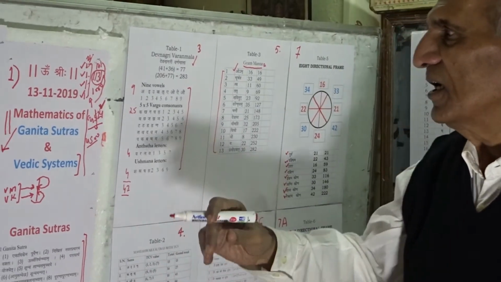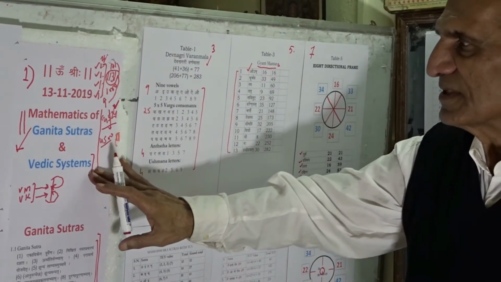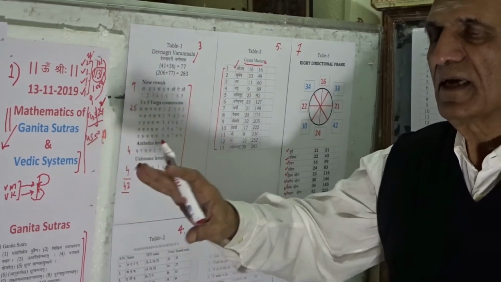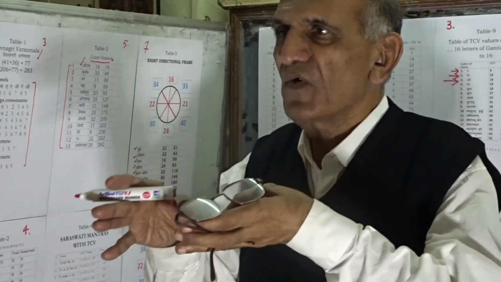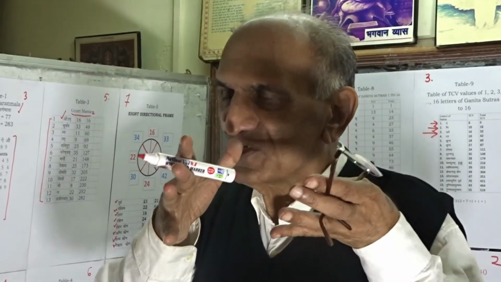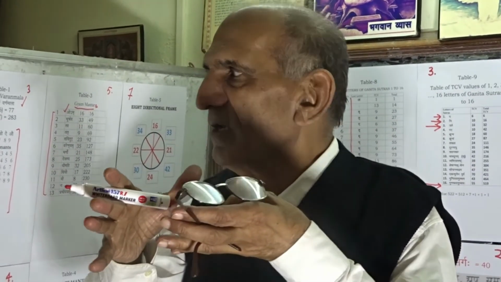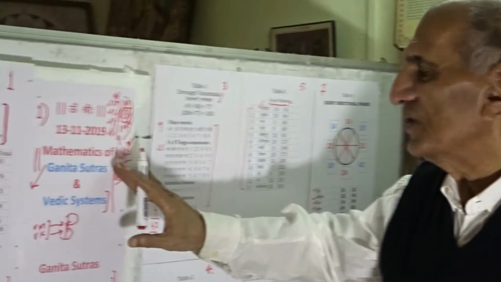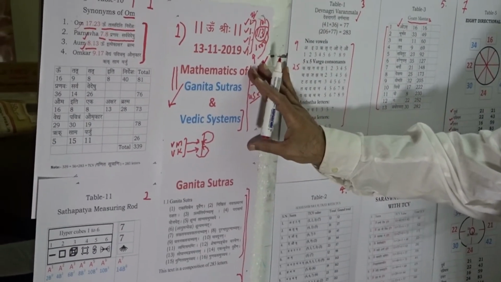The Vedic systems are to be taken as the values, features, and format of the organization of organized knowledge, to be compared with the values, features, and format of the Ganita Sutras.